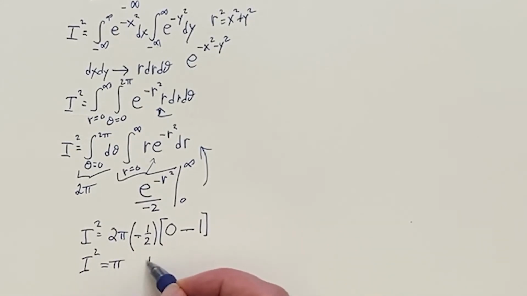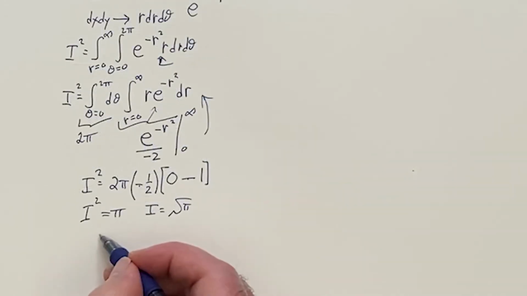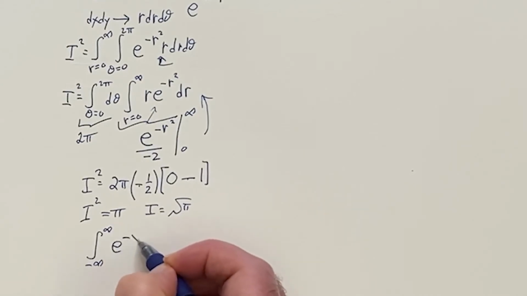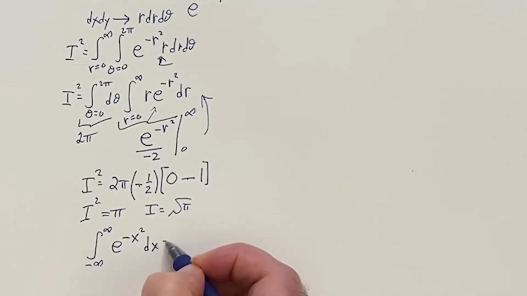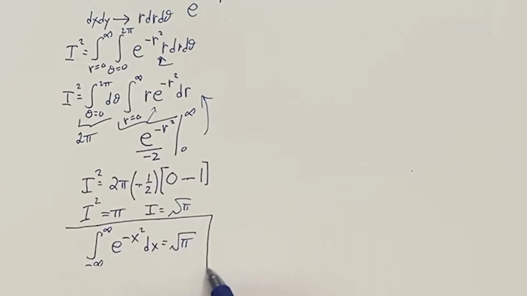You'll get pi, and you'll get the square root of pi. That is really a cool result. So from minus infinity to plus infinity, e to the minus x squared dx integrates to the square root of pi.